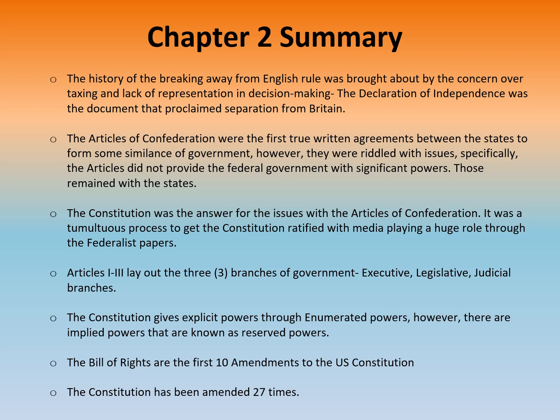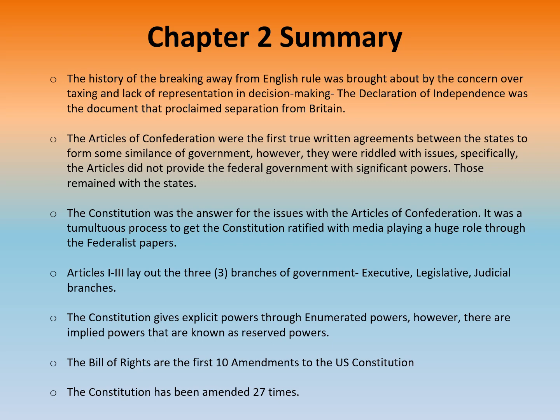The Constitution was an answer to the issues with the Articles of Confederation. It was a tumultuous process to get the Constitution ratified, with media playing a huge role through the Federalist Papers and other campaign activities. Articles 1 through 3 lay out the 3 branches of government: executive, legislative, and judicial.